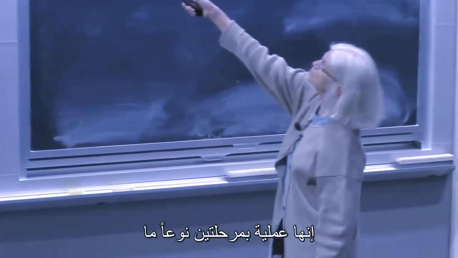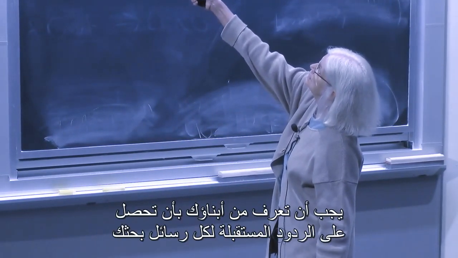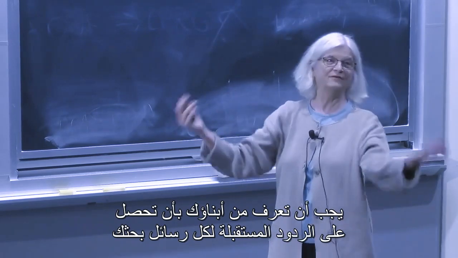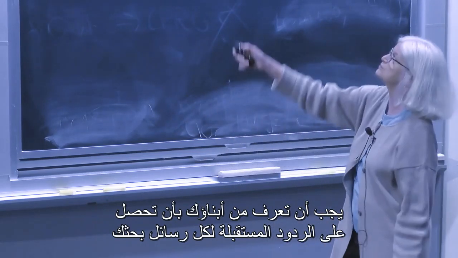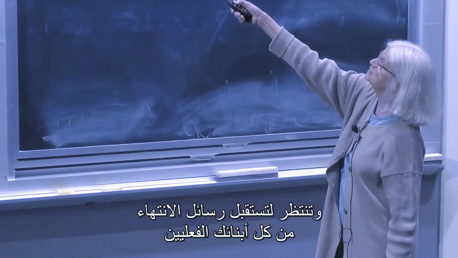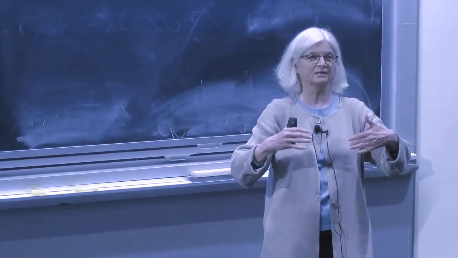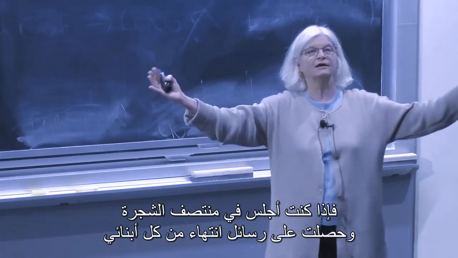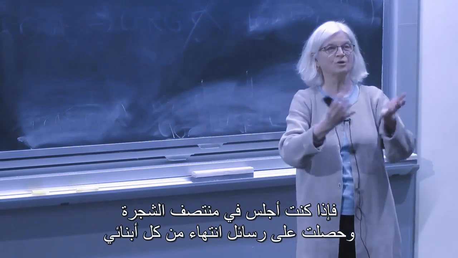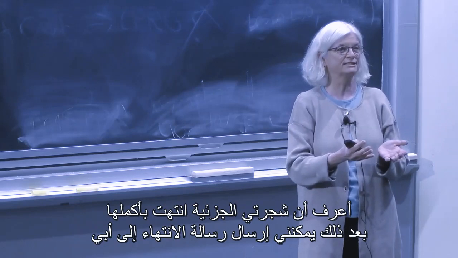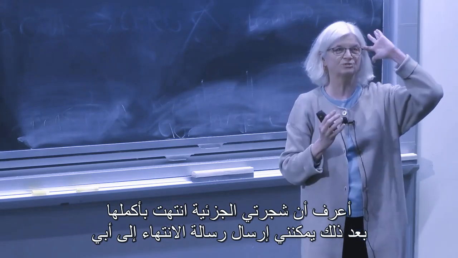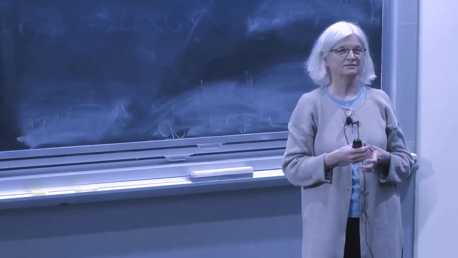It's kind of a two-stage process. You have to know who your children are by having received responses to all your search messages. And you wait to receive done messages from all of your actual children. So if I'm sitting in the middle of the tree, I've got done messages from all my children, I know my whole subtree is done, then I can send a done message to my parent. Got that?